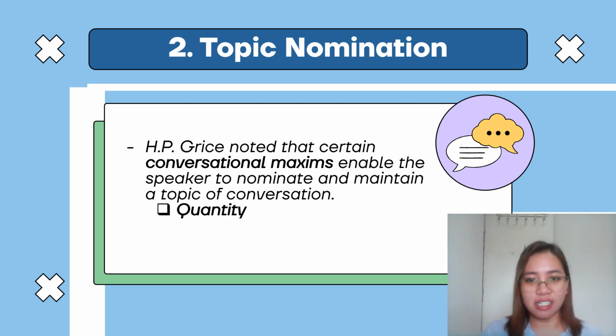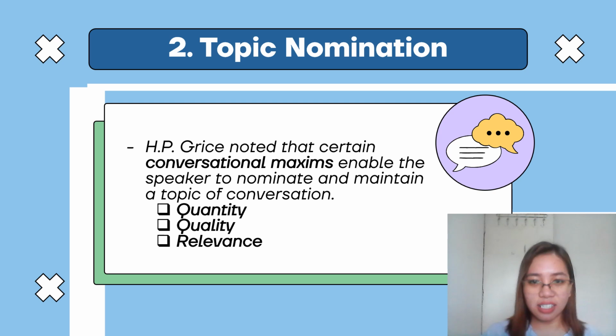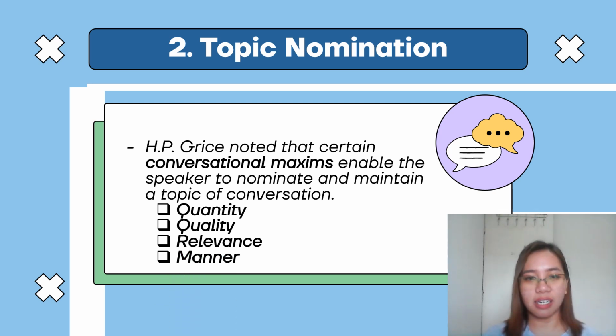One is quantity. So you're going to say only as much as is necessary for understanding the communication. The second is quality. Say only what is true. And relevance. Say only what is relevant or significant. And manner. Be clear in what you are speaking.